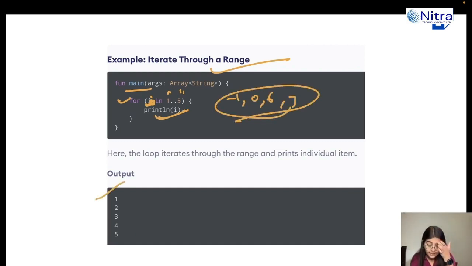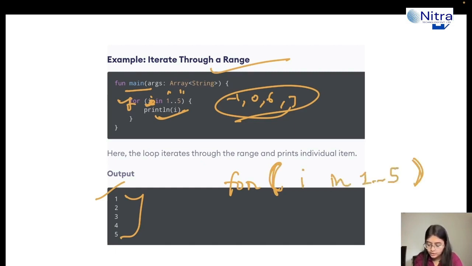In this case the value will be from 1 to 5, because I'm telling it that if the value of I is between 1 to 5, we have the for loop here, and inside that we are saying that I is in this range, then only this piece of code will be executed, right?